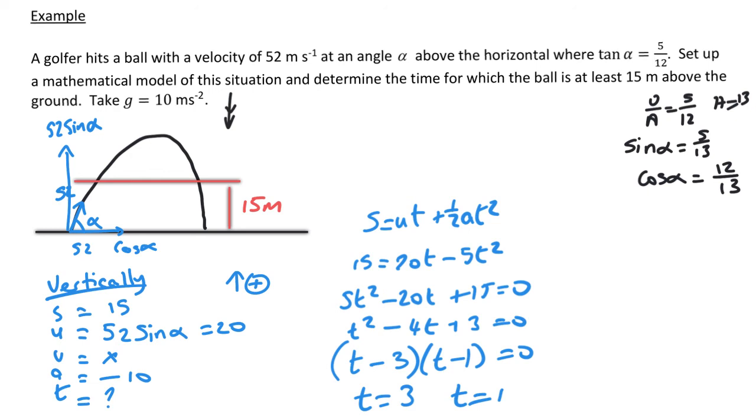In other words, the first time that it reaches 15 metres will be at 1 second, and then on its way down, that's t equals 3. So we're asked for the time for which it was at least 15 metres above the ground, so 2 seconds is the answer.